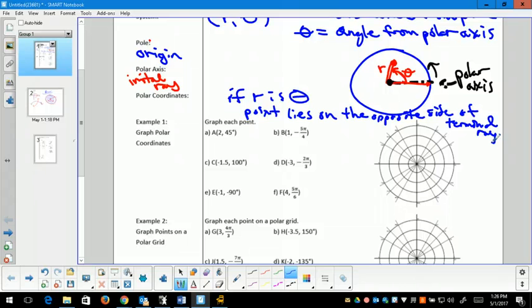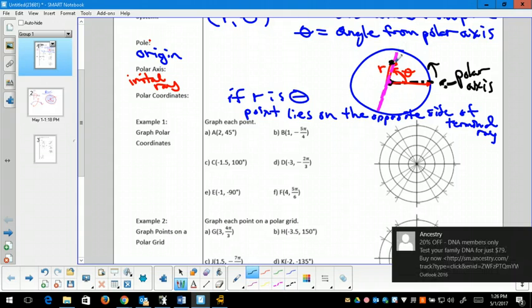For example, in the picture that we have, this is r right here. But if we had the opposite of r, I would look at this radial, this line, this diameter that goes through the center, and I'd first say, okay, I'm going to go to that point, but wait a minute, r is negative, so it can't be there. I'm going to go the other direction on this radial and put the radius here.